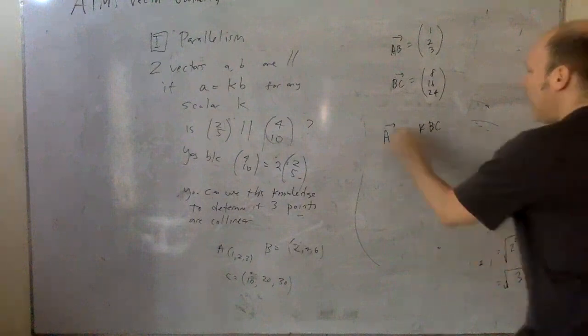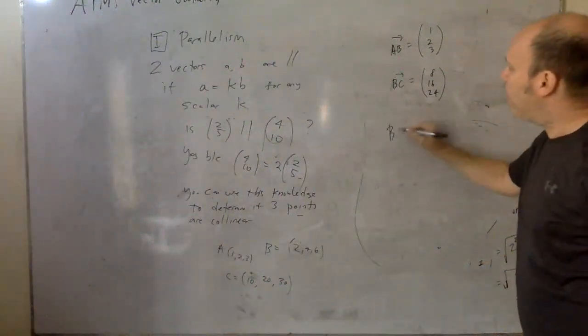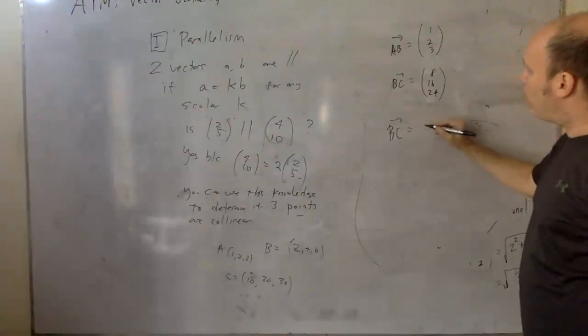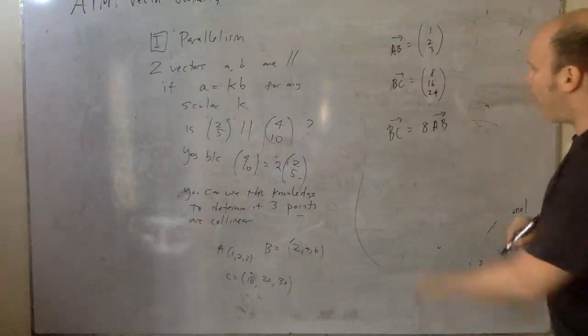Well, can we make a claim? And you might recognize, oh, you know what, Mr. Adler? BC is equal to 8 AB.